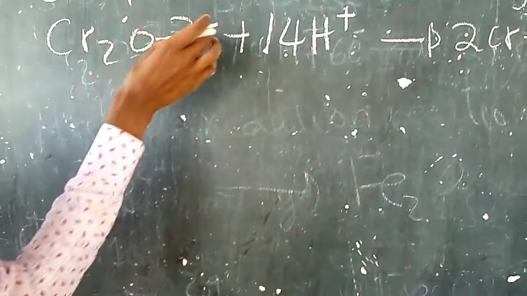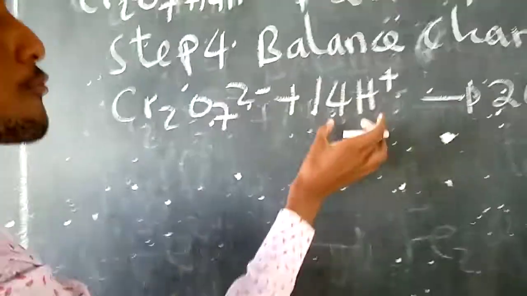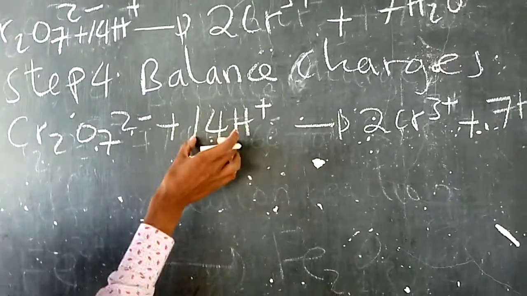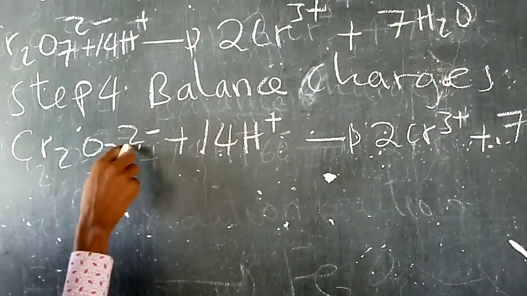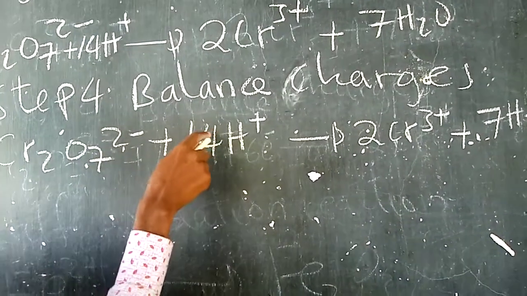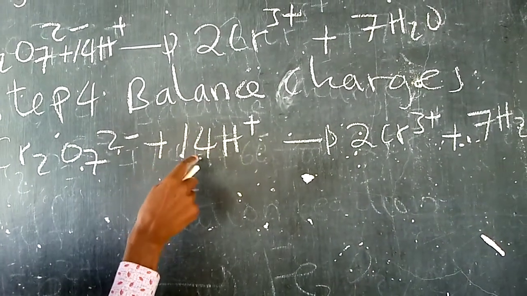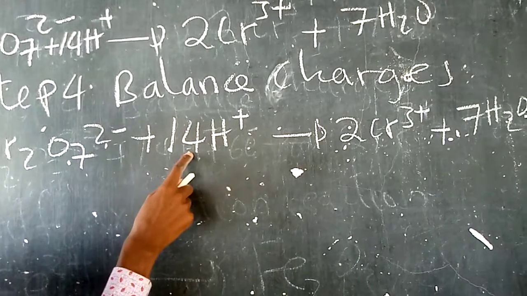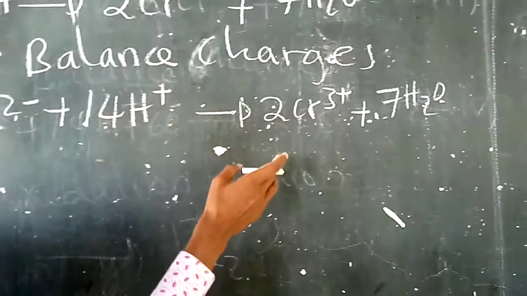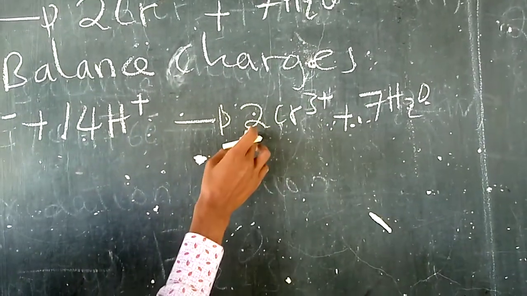When you look at your equation here, you have 2 negative charges and 14 positive charges. So the 2 negative charges are going to neutralize 2 charges, and you remain with 12 charges in the reactant side. And in the product side, you have 3 times 2, which is 6 charges.